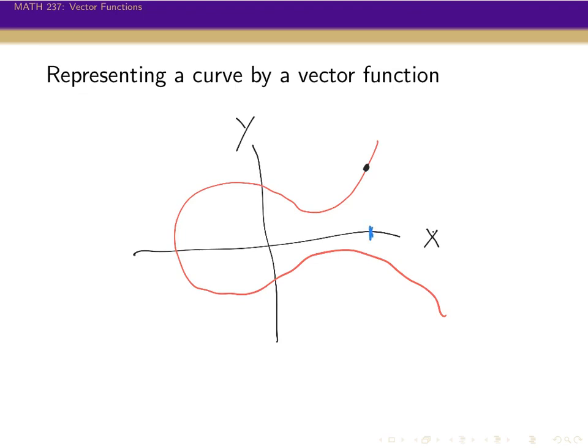We'd be paying attention to what x is, and then what y is. Then we go separately to some other time point, which would give us some other x value and some other y value. This would be at t1, t2, and another point at t3.